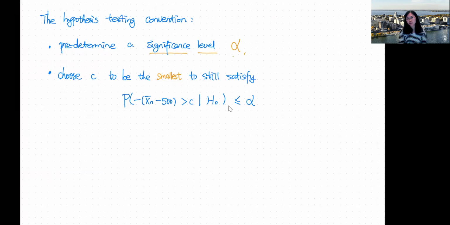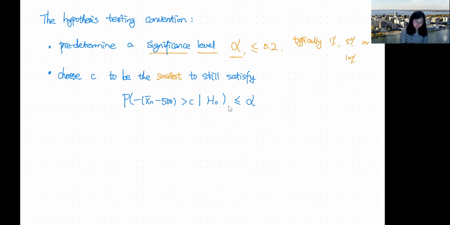This alpha typically is a small number, typically below 20%, and typically much below 20%. Typically maybe 1%, 5%, or 10%. But you choose one. You choose a significance level alpha.